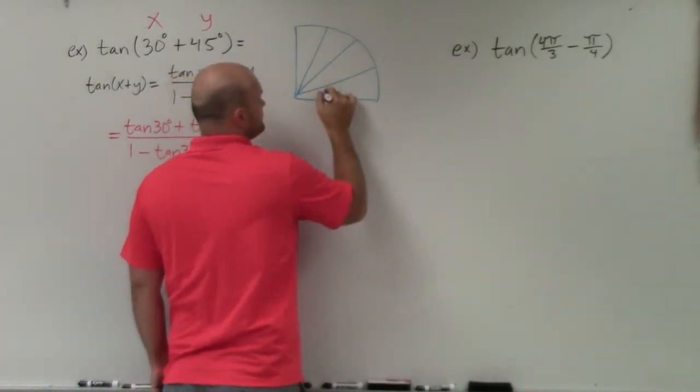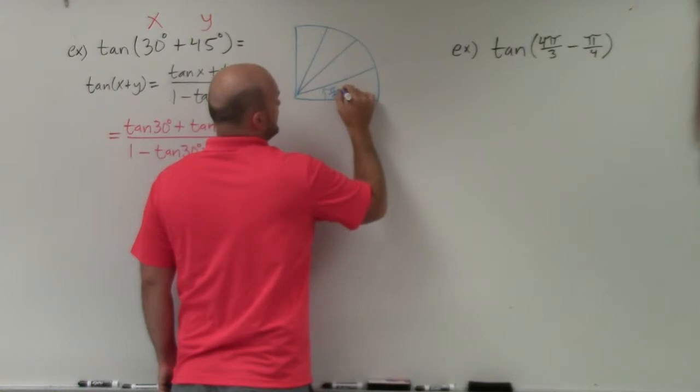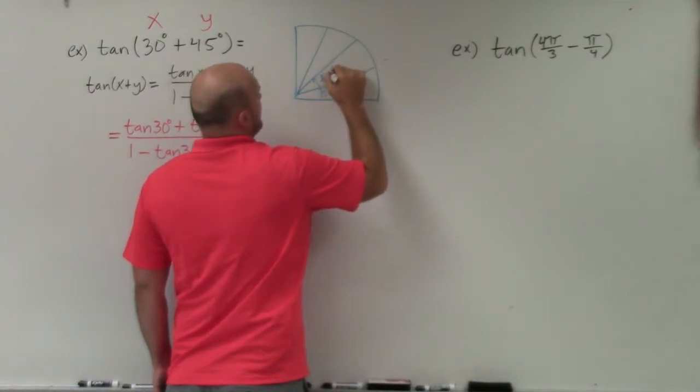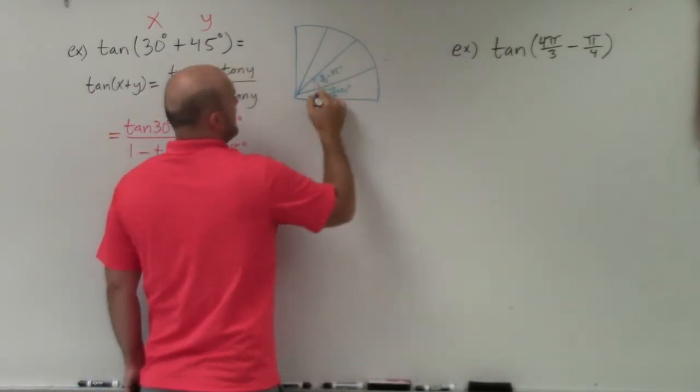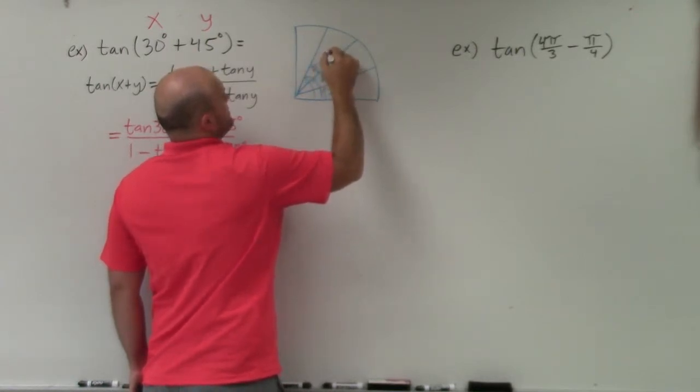Remember, the first angle is pi over 6, or 30 degrees. The next angle is pi over 4, or 45 degrees. The last angle here is pi over 3, or 60 degrees.